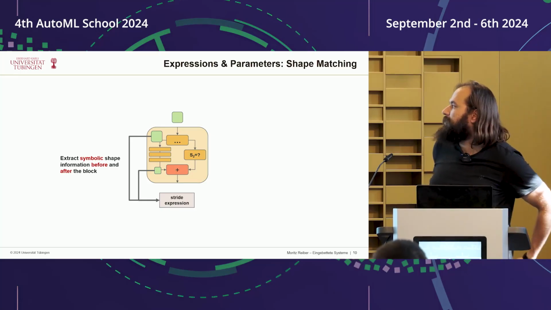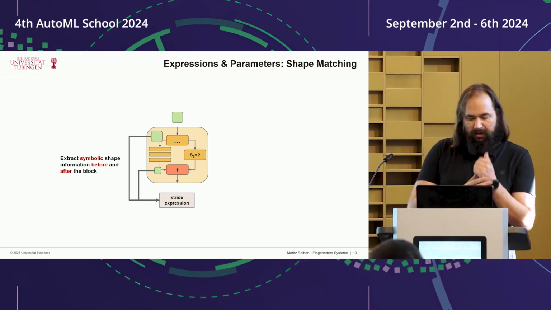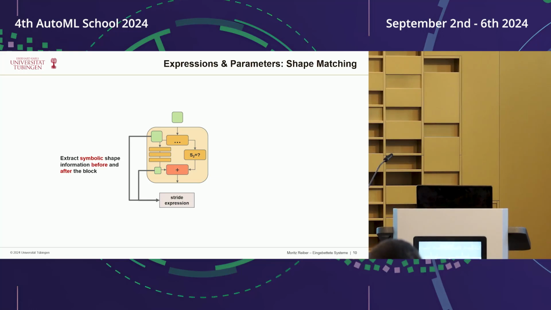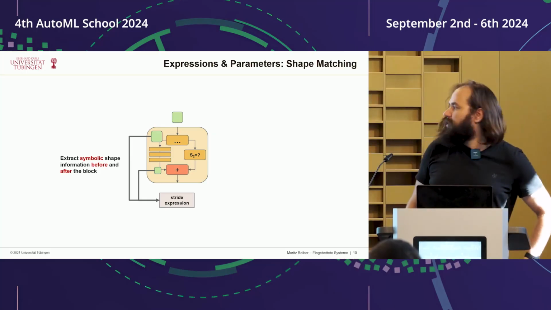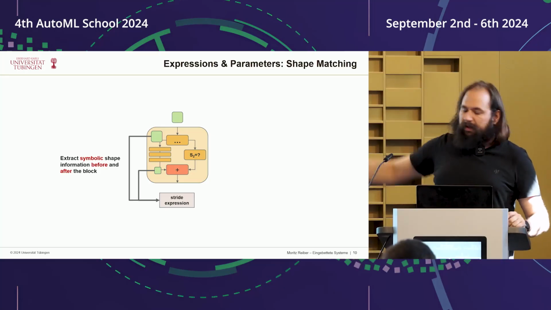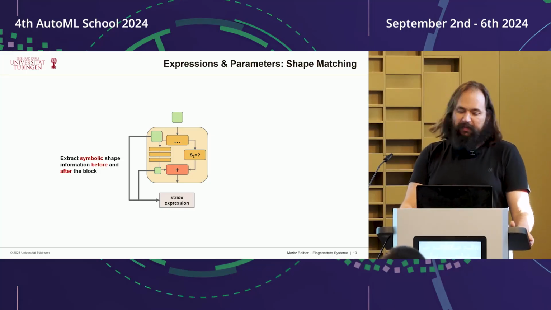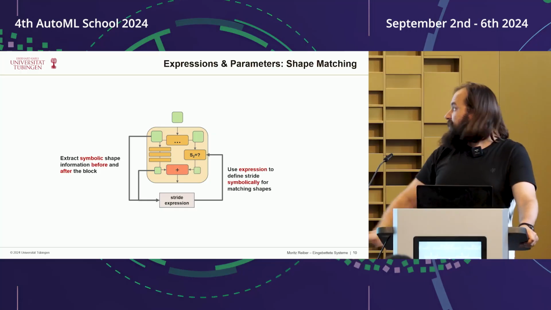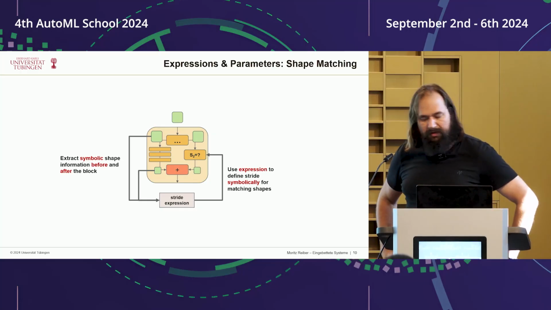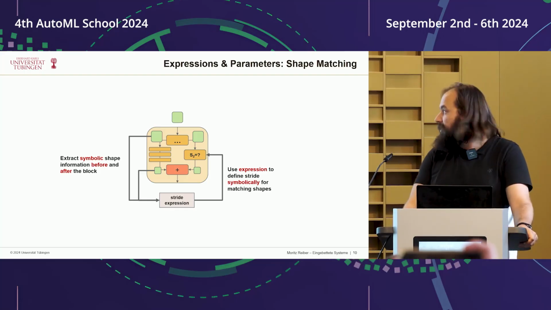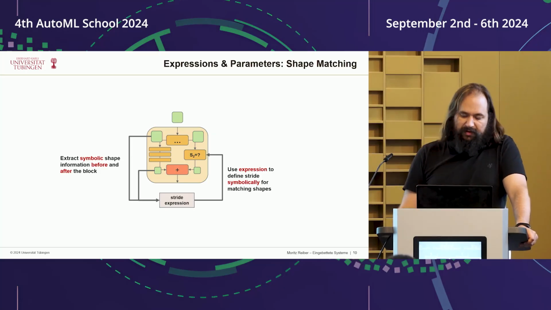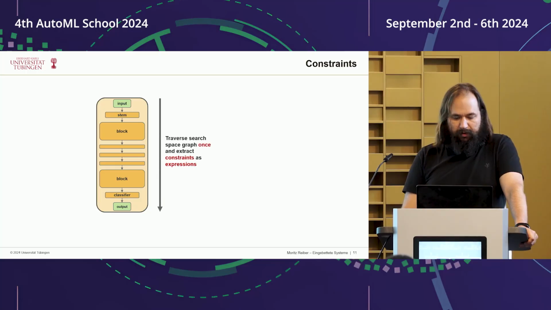To do that, we can extract the shape of the input and the output of such a stack of neural network layers, then calculate from the differences in spatial dimensions the effective stride of the whole stack of layers, and then set the layer on the residual link to also use this effective stride.